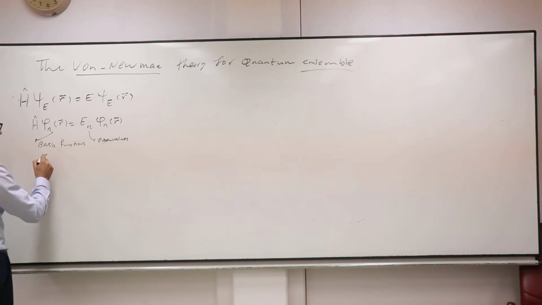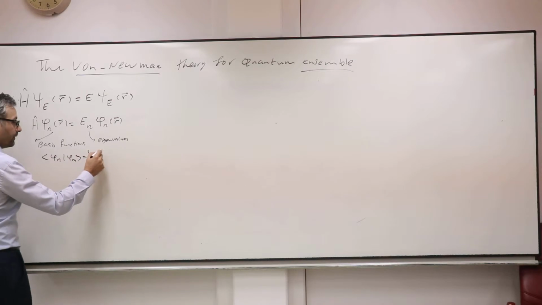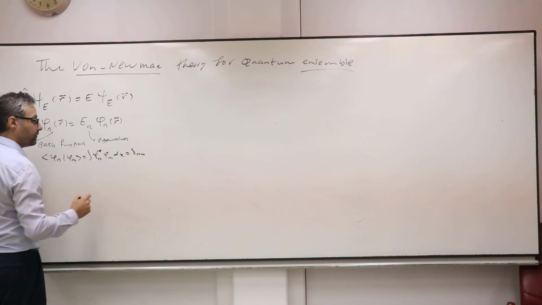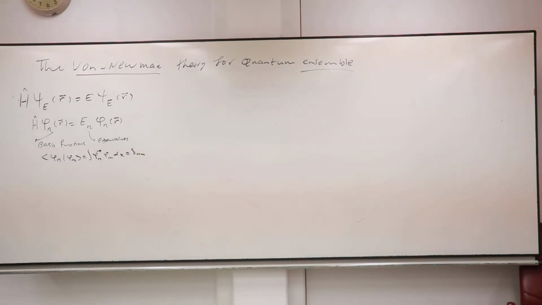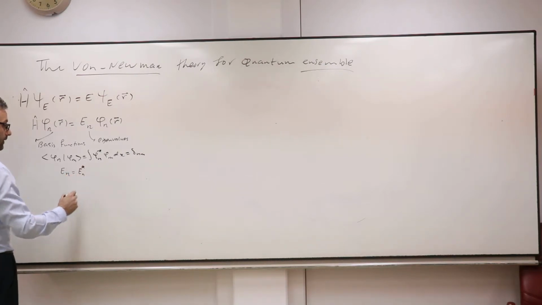I mean, they should be orthogonal: if you multiply two with the same index, you get one, and if you have different ones, you get zero. This is like the normal vectors in the Cartesian coordinates. And the other thing is that the energy value should be a real number.